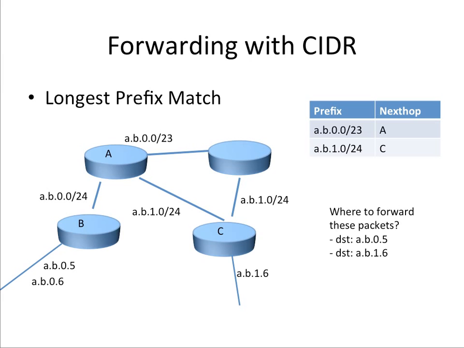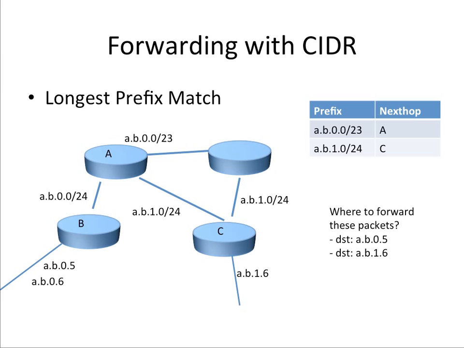So I'm not showing you all the IP addresses that B has. B has many more IP addresses, and they all share a certain prefix. If you think of these IP addresses as a sequence of bits, the first 24 bits are the same. That's true, right? If you look at a.b.0.5, a.b.0.6, a certain number of bits in the front are the same.